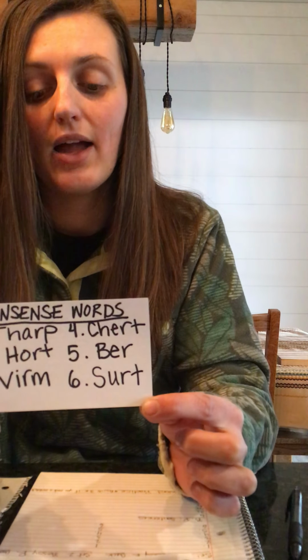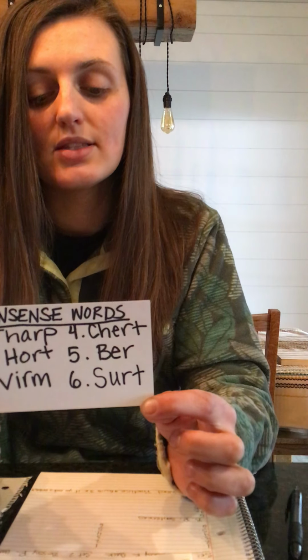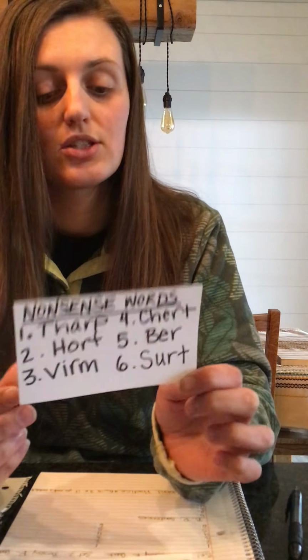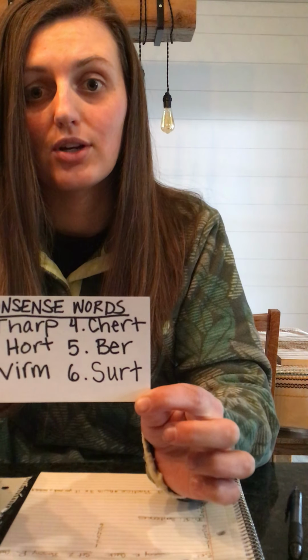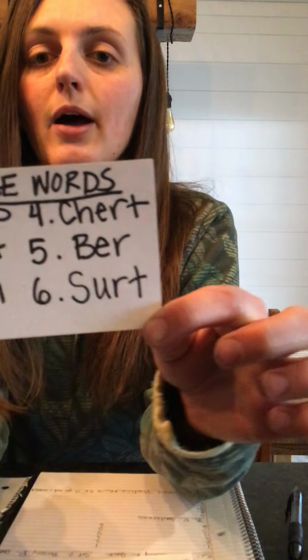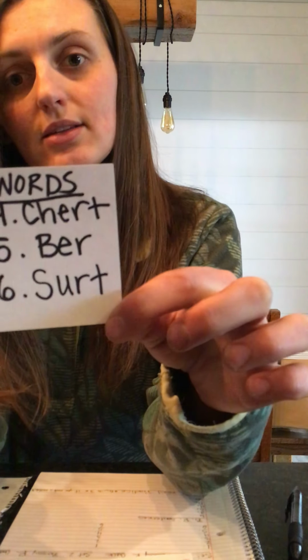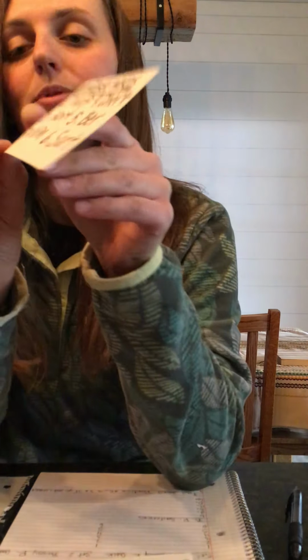C-H-E-R-T. 5 is burr. B-E-R. And 6 is cert. S-U-R-T. Cert. Okay? Check your answers. Rewrite, erase. How many of you got 6 out of 6? Keep it up.